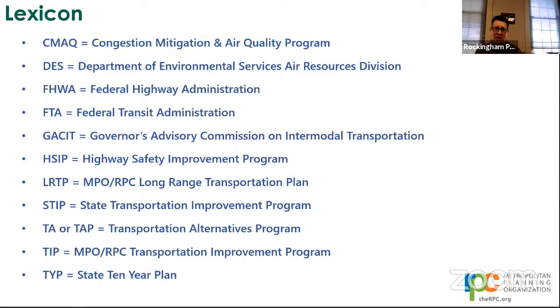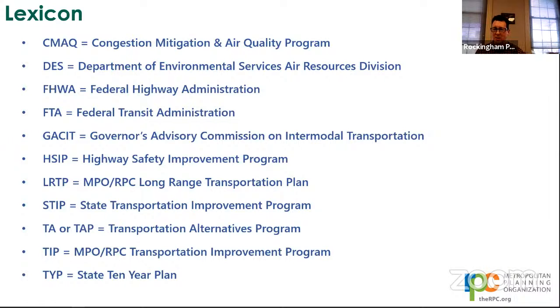I didn't include NHDOT because we know that one pretty well. FHWA, Federal Highways. FTA, Federal Transit Administration. GACIT, Governor's Advisory Commission on Intermodal Transportation, essentially the Governor's Council plus the Commissioner of the DOT. HSIP, the Highway Safety Improvement Program.